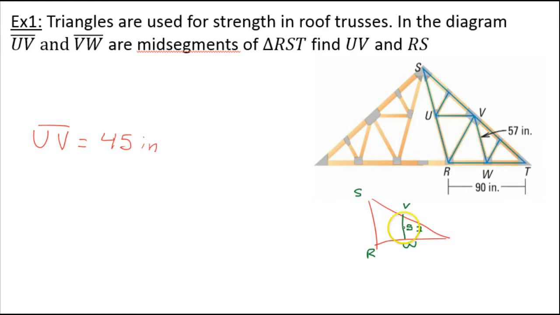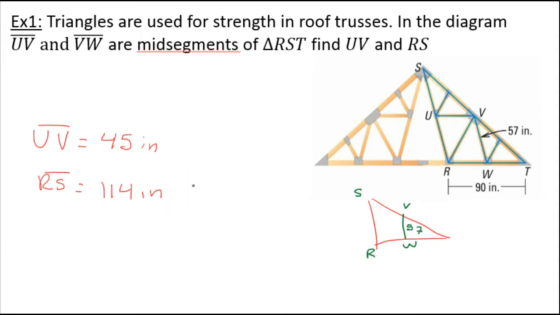So if this is the midsegment, then this is half of what RS has to be. So to figure out what RS is, we would just have to double. So if this is half the size, we would double its length. So 57, and we would double that, we'd get 114 inches.